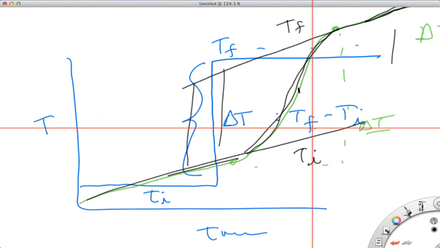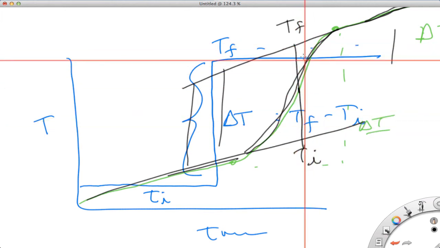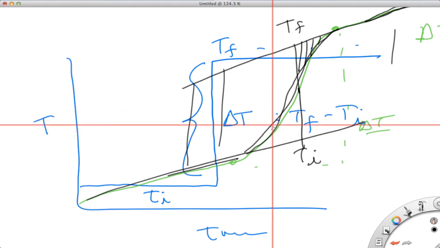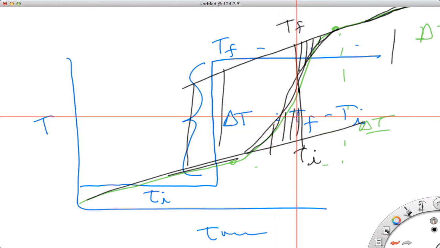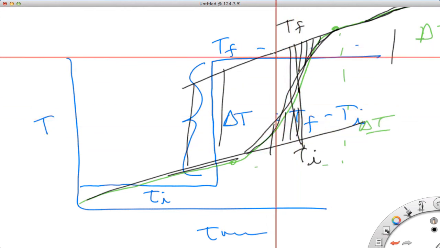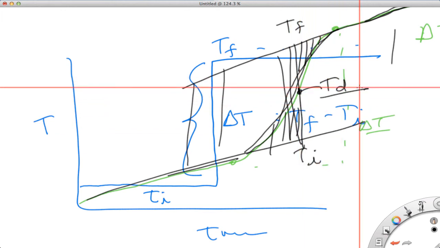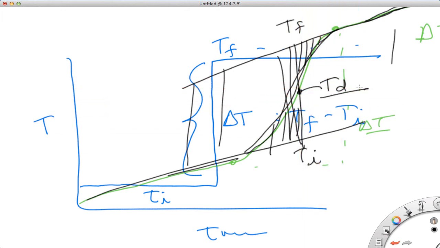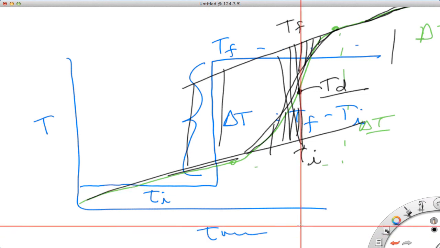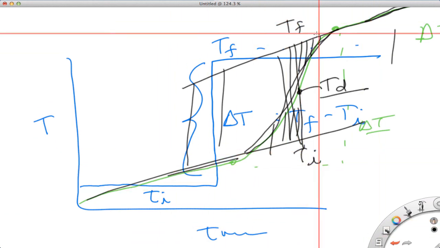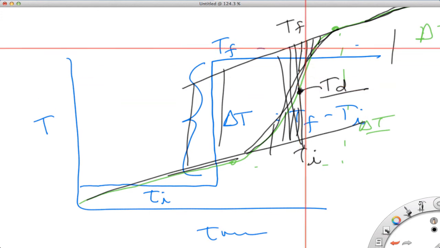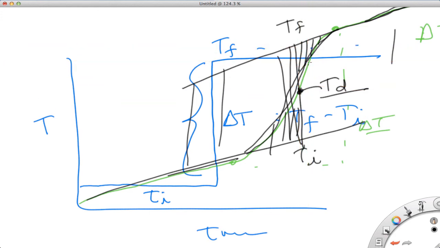The way you can define that midpoint is where the area under this curve and the area under that curve are equal to each other. You can move this midpoint around until they're equal, and that's what I define as TD. So you have the change in temperature with time for the initial and final slope, and then you define TD where those two are equal to each other.